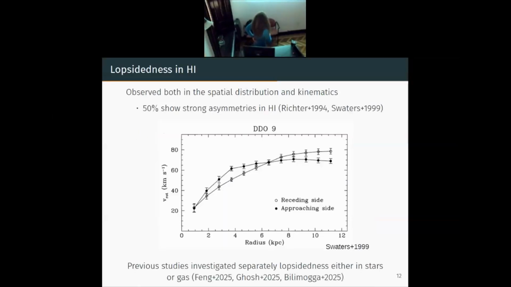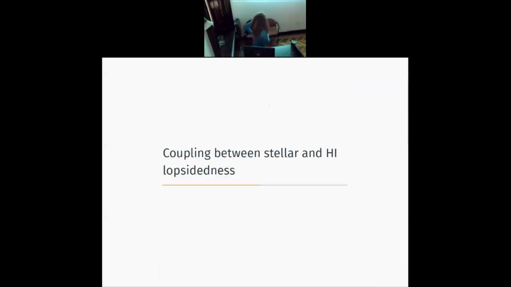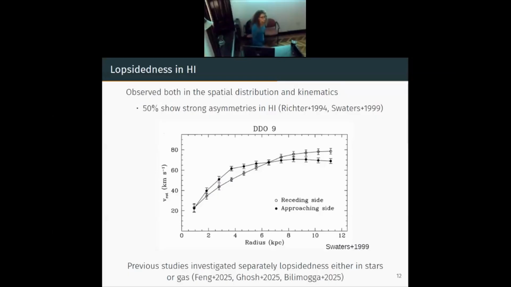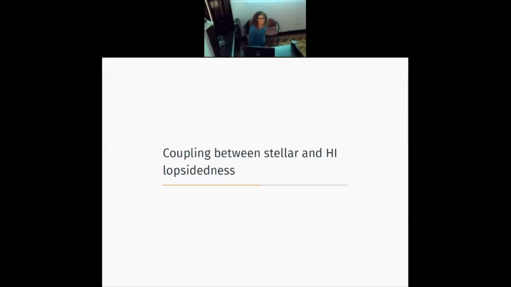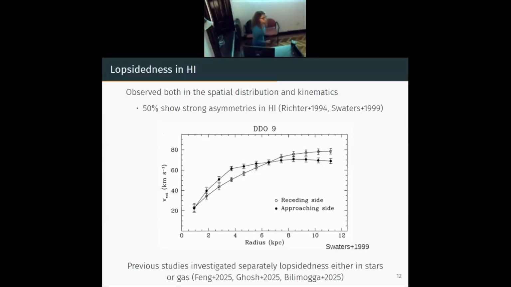Now another project that I was working on was looking at the coupling between the asymmetries in the stellar and HI components. This is because lopsidedness is not only observed in the stellar component, but also in the HI morphology and kinematics.